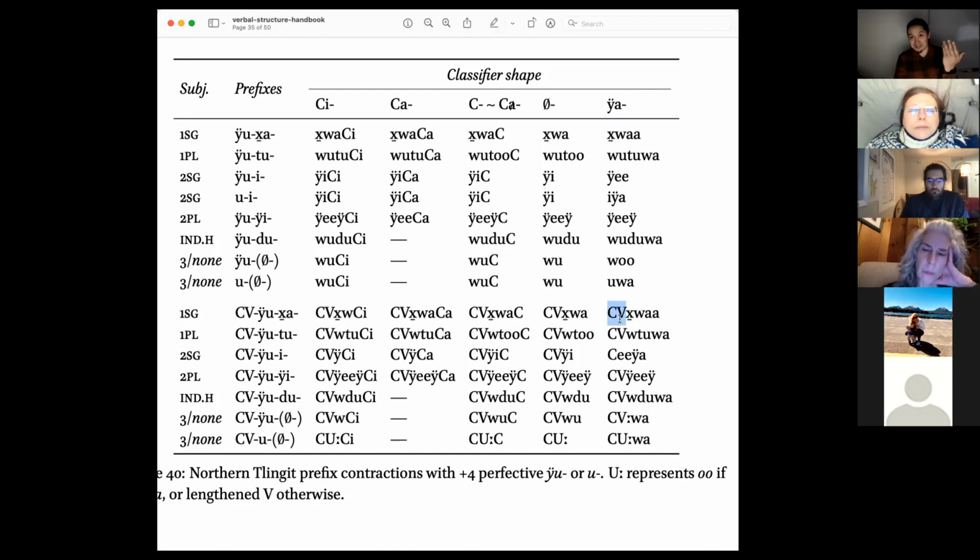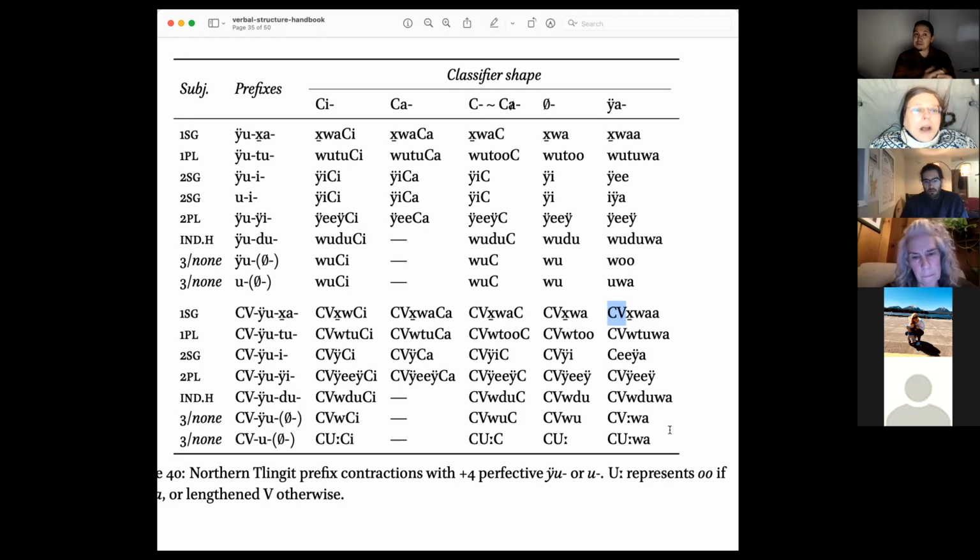It's still going to follow the same sets of rules. Yahwadlaq, I succeeded. Yao to wadlaq, we succeeded. Yidlaq, you succeeded. Ya yidlaq, you all succeeded. Yao do wadlaq, people succeeded. And a yawadlaq, they succeeded.